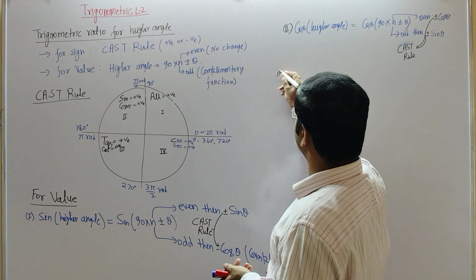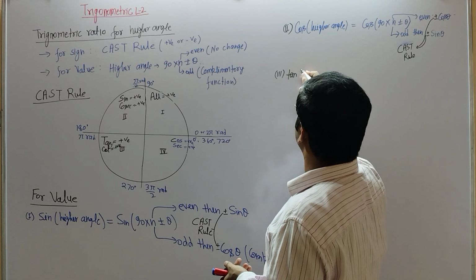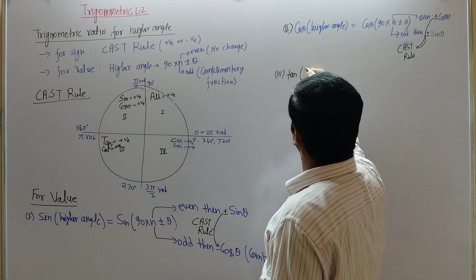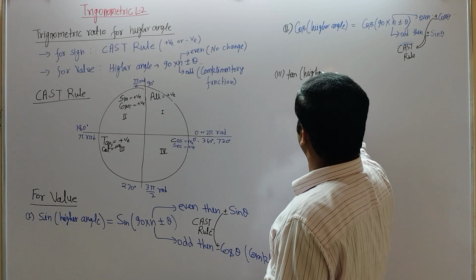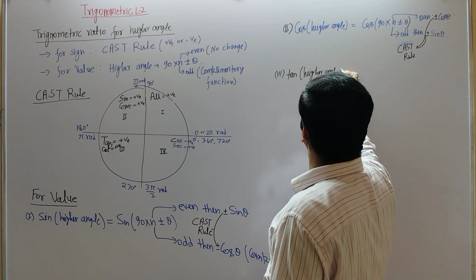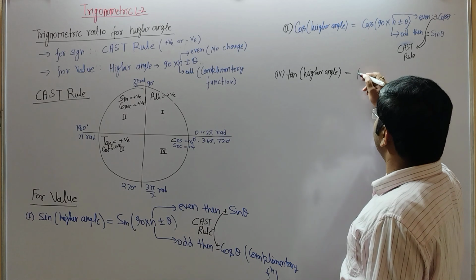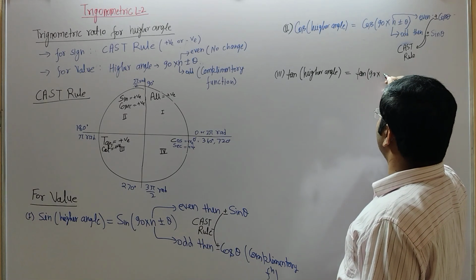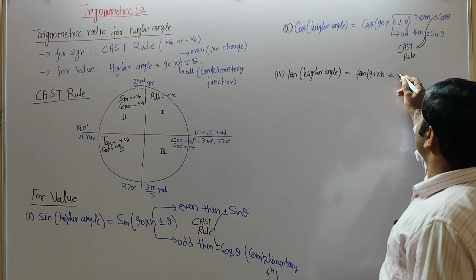The third one is tan of a higher angle. We convert it in a similar way: tan of 90 times n plus or minus theta.